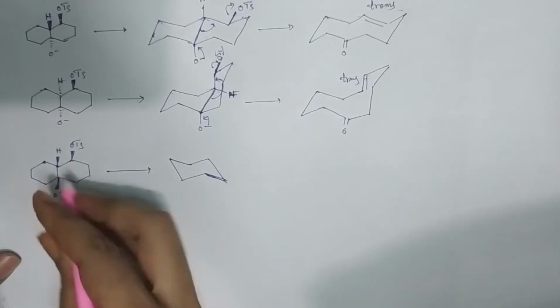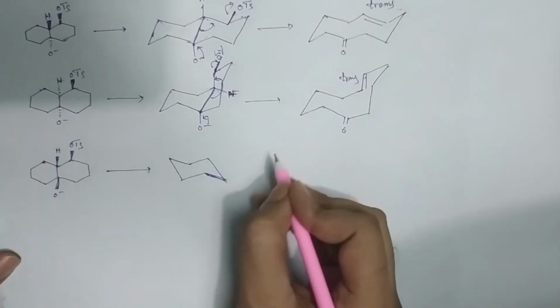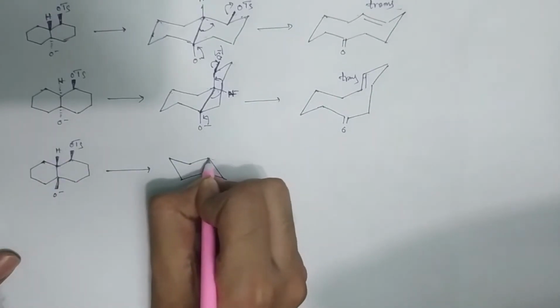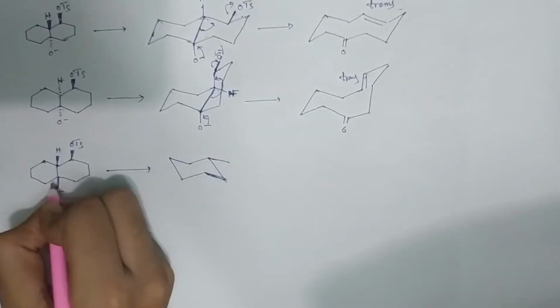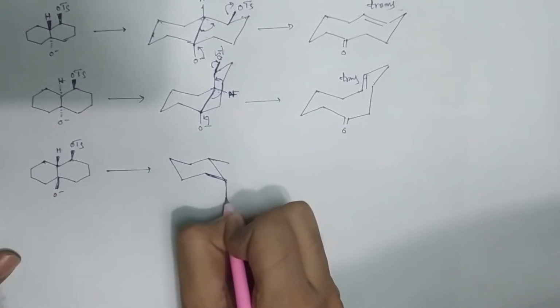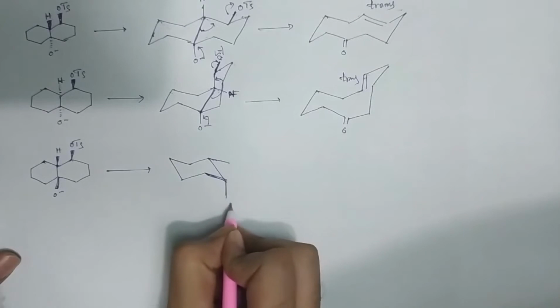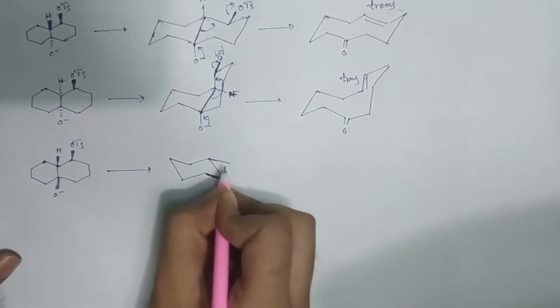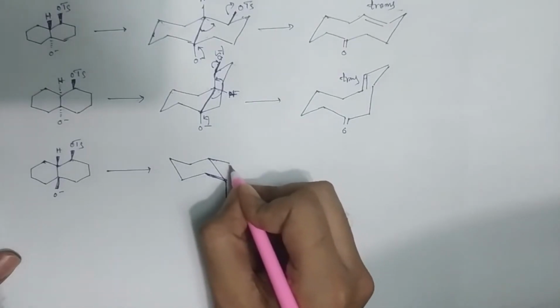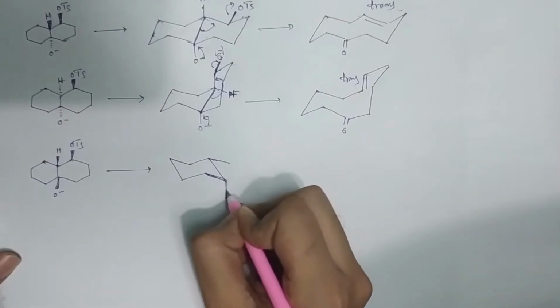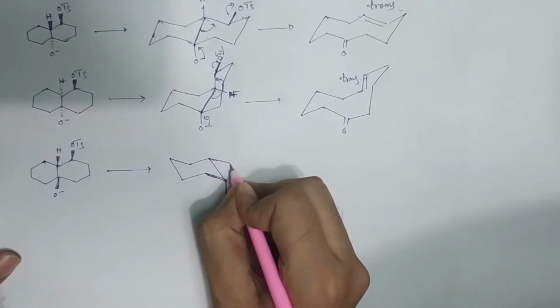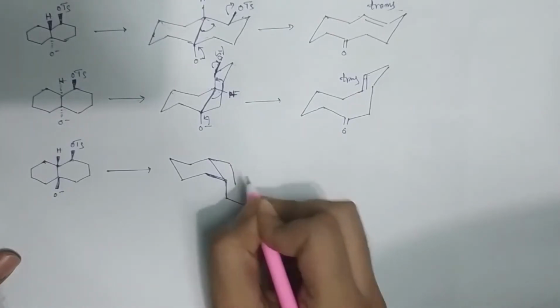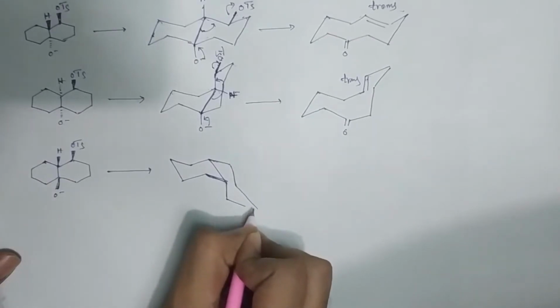Okay, so this hydrogen is up, so the cyclohexane chair will be down. This is up, cyclohexane chair will be down. Now the rest of the thing is, this will be parallel to this one, parallel to this. Rest of the thing will be joined.